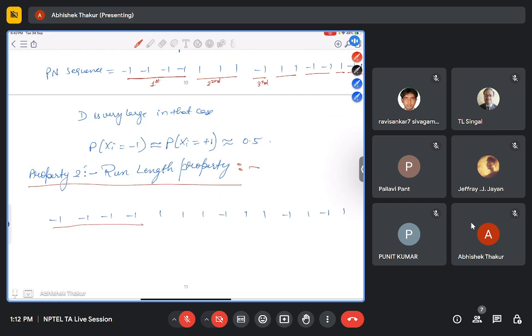So this is our first run, a continuous string of values. Then third run, fourth, fifth. Now there is only one, so sixth, seventh, and this is the eighth run.